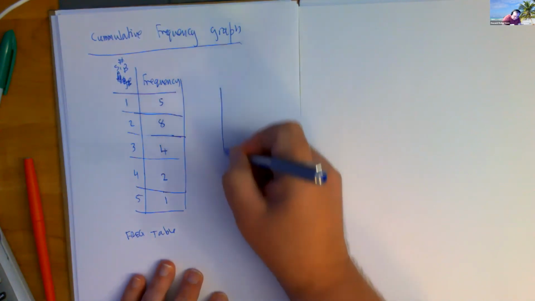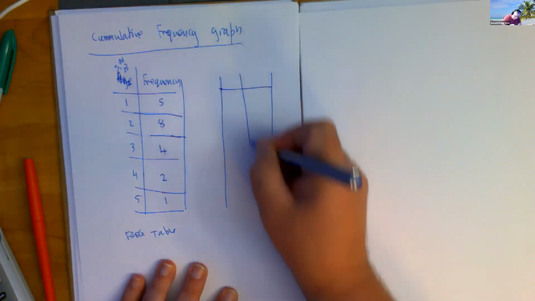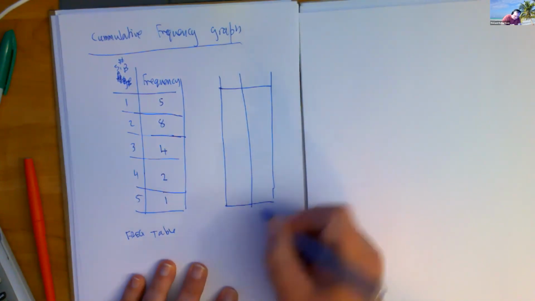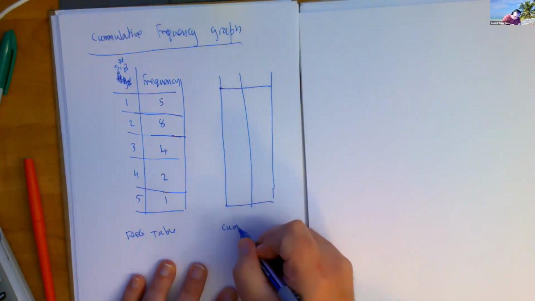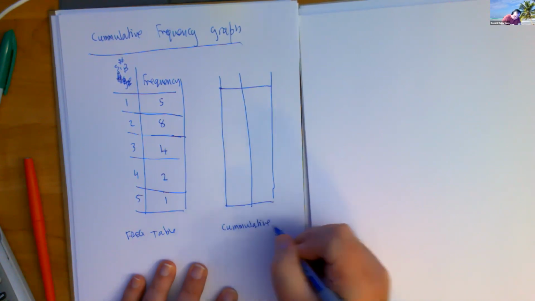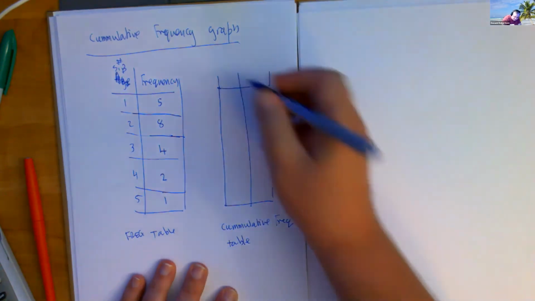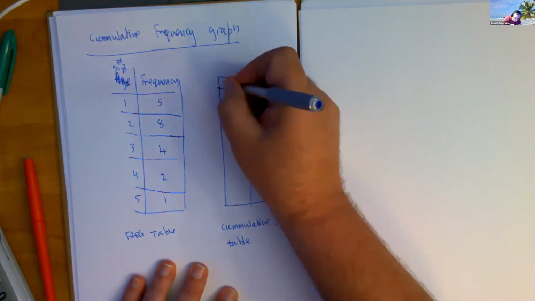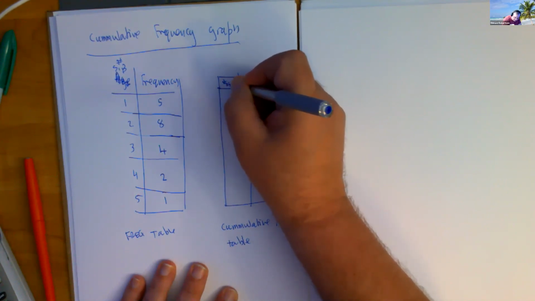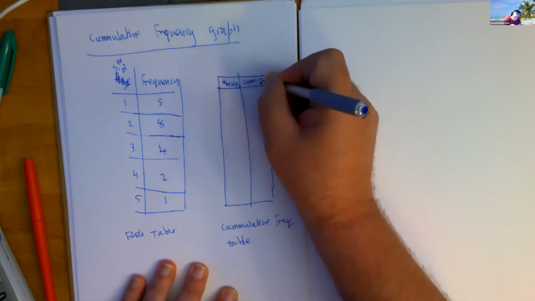So what I'm now going to show you is a cumulative frequency table. And you have number of siblings and cumulative frequency.